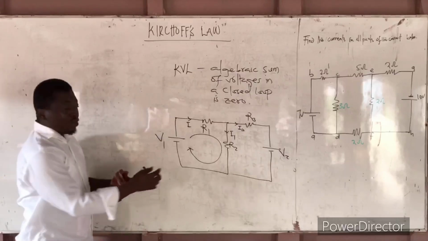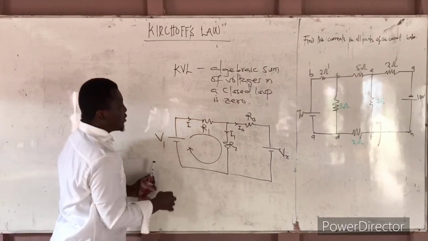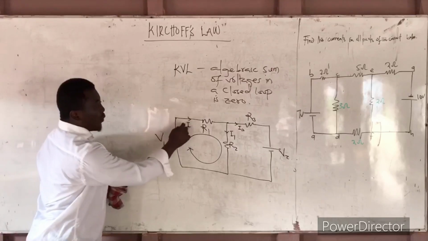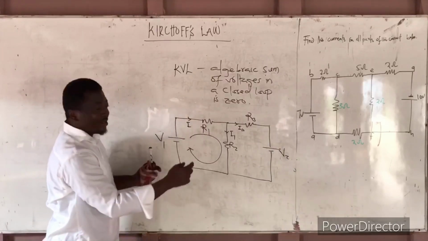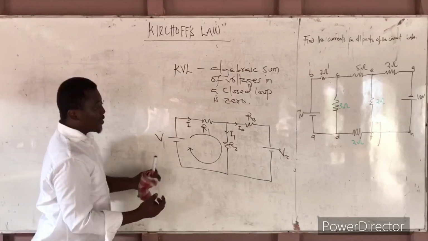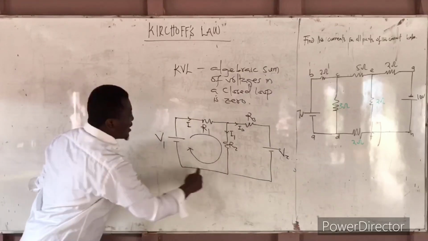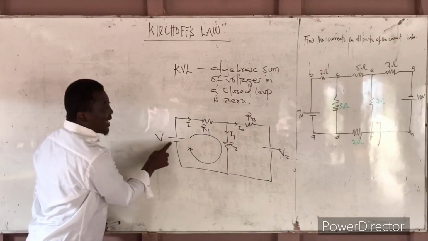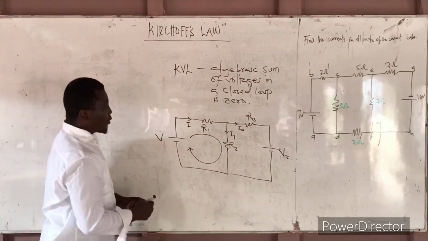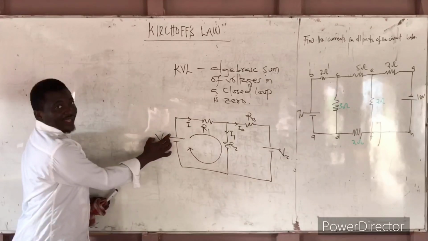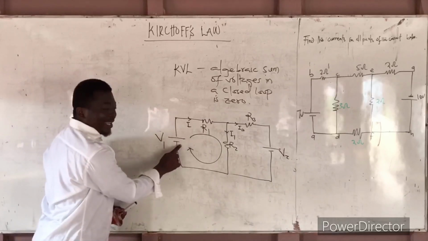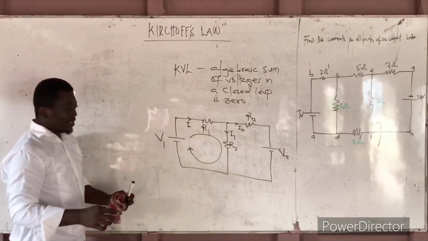Please note that your arrow indicates whether the voltage is going to be plus or minus, and whether the resistance with current is going to be positive or minus. So take note of what I'm about to do. If you take the loop and the arrow touches the negative before the positive, then you make the voltage negative. But if it touches positive before negative, it is going to be positive.